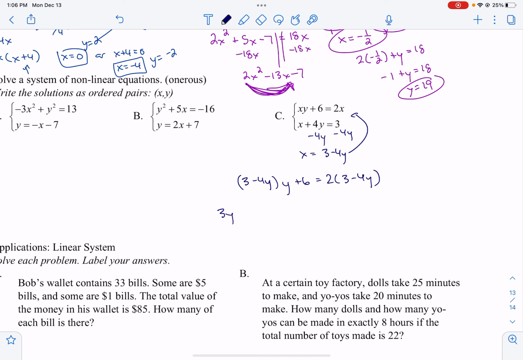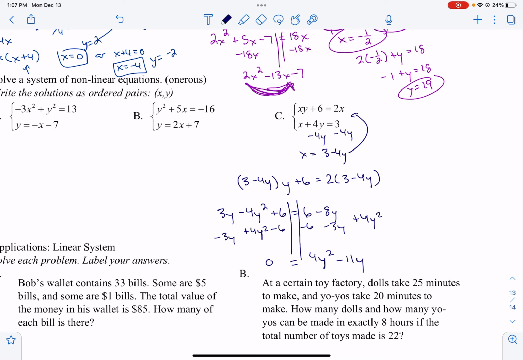So 3y minus 4y squared plus 6 equals 6 minus 8y. Let's add 4y squared, minus 3y, and minus 6 to both sides. So I end up with 0 equals 4y squared minus 11y plus 0, if I did my math correct.